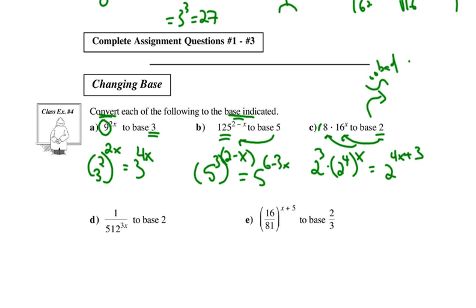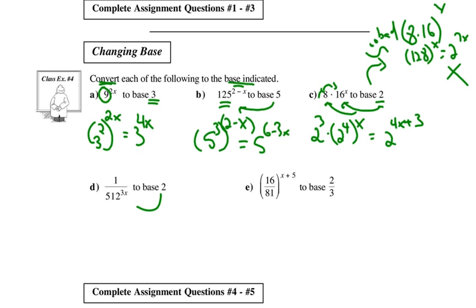So if we chose to go 8 times 16 to the x, we'd clearly get 128 to the x, which is nowhere near what we actually get as our final answer. I think 128 is 2 to the 7, so we would get 2 to the 7x, and that is definitely wrong. You cannot multiply things when they don't have the same base, right? So we can't do that.